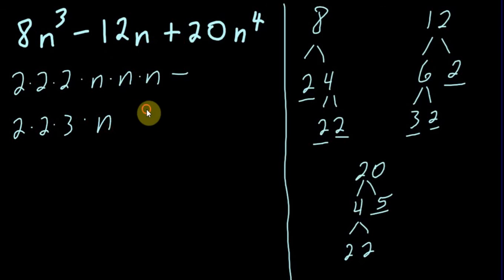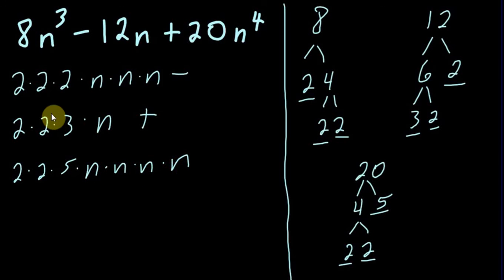And after it's a plus sign. And then 20n to the fourth. Remember, 20 was over here, 2, 2, 5. This one had an n to the fourth, so I need 4 of them: n, n, n, n.